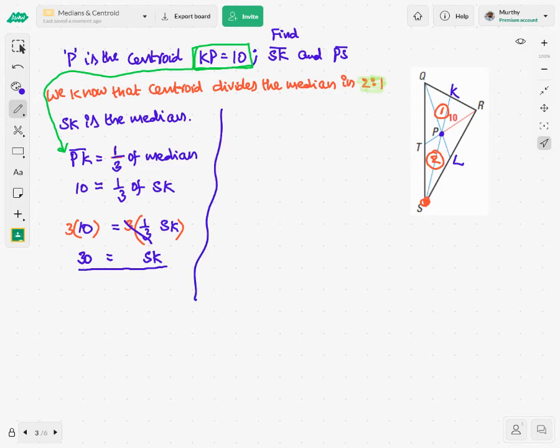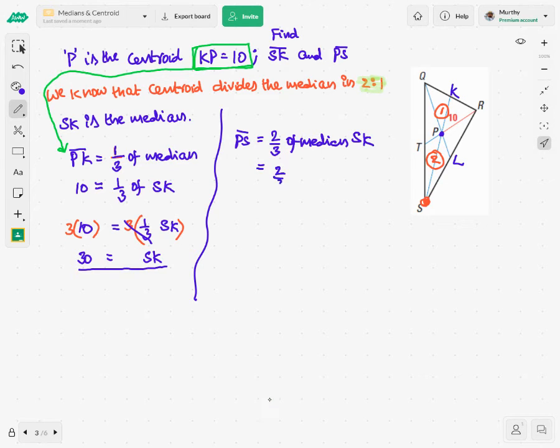And you are also asked to find the length of PS. So the length of PS equals, I see that PS is 2 units out of 3. So it is 2/3. There are 3 parts, and I see that PS is 2. So 2/3 of the length of the median SK. SK is the total length.